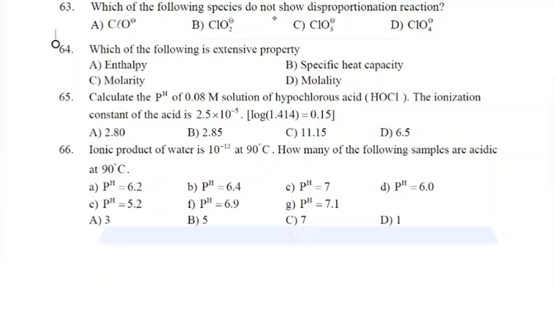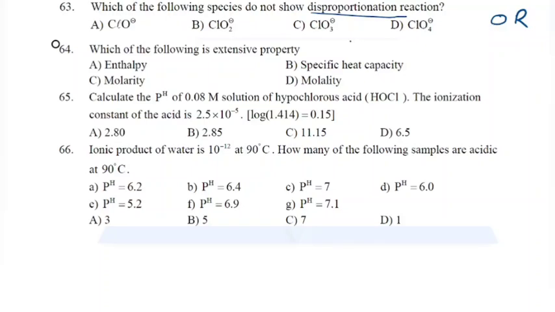Which of the following species do not show disproportionation reaction? In order to show disproportionation reaction, the central atom must undergo both oxidation as well as reduction, right? Not showing disproportionation means it should not undergo one of the reactions.